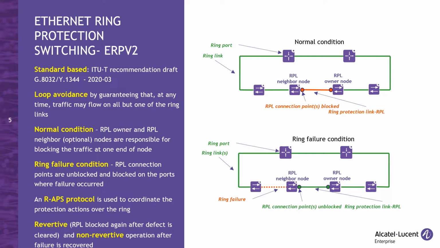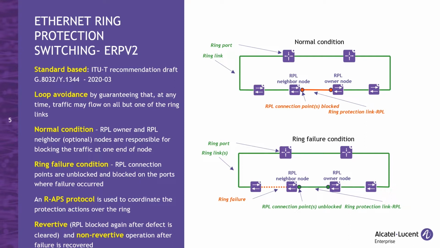As you can see here, it is also possible for a node on the other side of the ring protection link to block the traffic over its ring port as well. In case of a ring failure, it is on the ring nodes whose directly connected link failed to block their ports over the failed link, and on the RPL owner node to unblock the RPL.